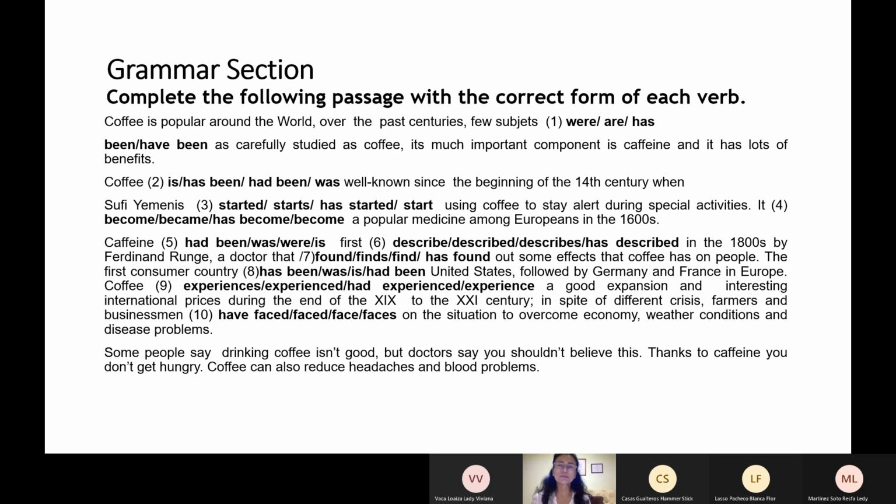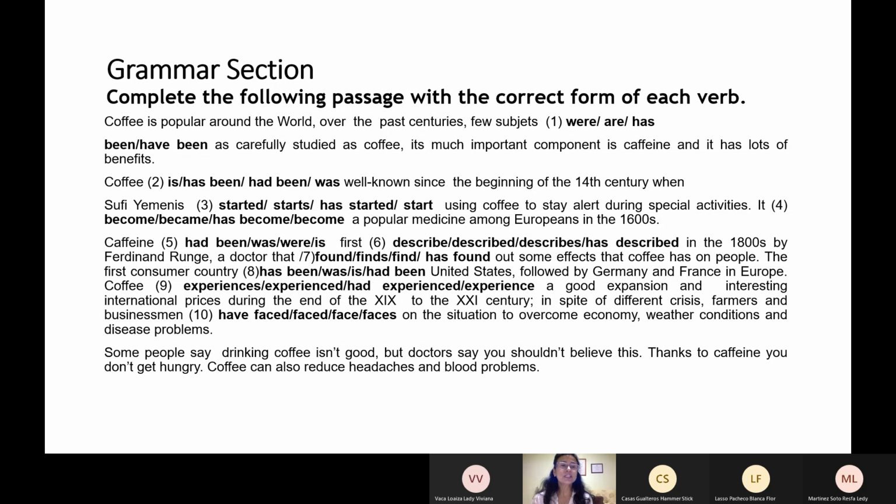Eso tenemos que tenerlo en cuenta. Plural. Si dice subjects, es plural. Entonces será have been. Have been, claro. De ahí ya nos quedó mal el has been. Tiene que ser have been para decir que ha sido. Have been as carefully studied as coffee. Very good.